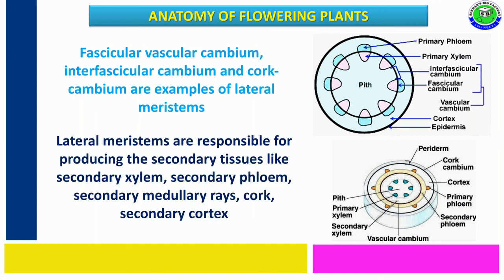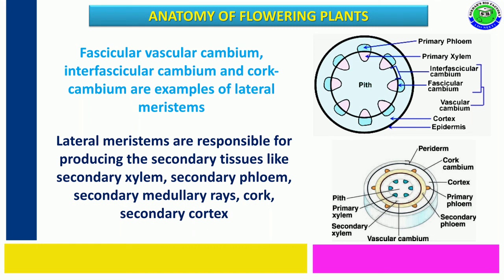This lateral or secondary meristem is responsible for secondary growth, and during this secondary growth it can produce various secondary tissues like secondary xylem, secondary phloem, secondary medullary rays, cork and secondary cortex.